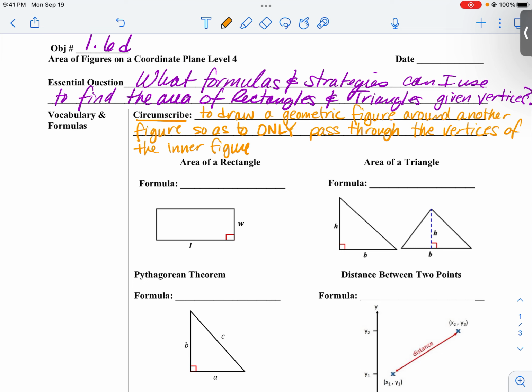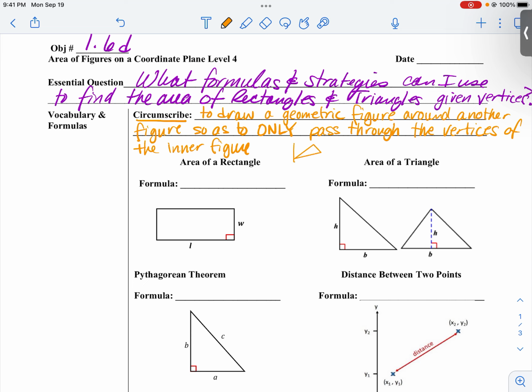for a triangle. So here would be an example of that. So here's a triangle, right? There's my triangle.